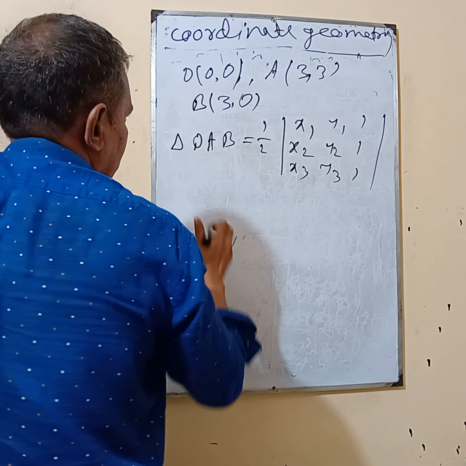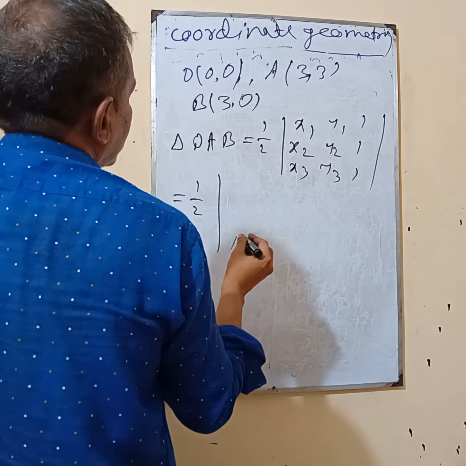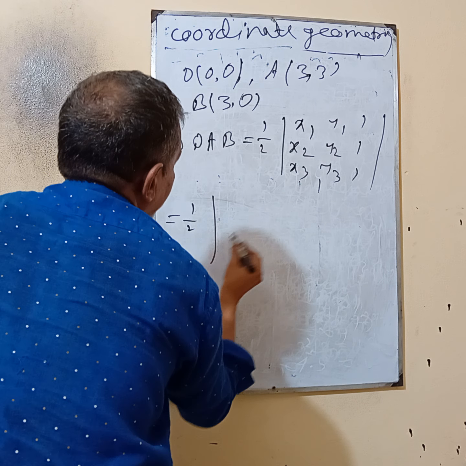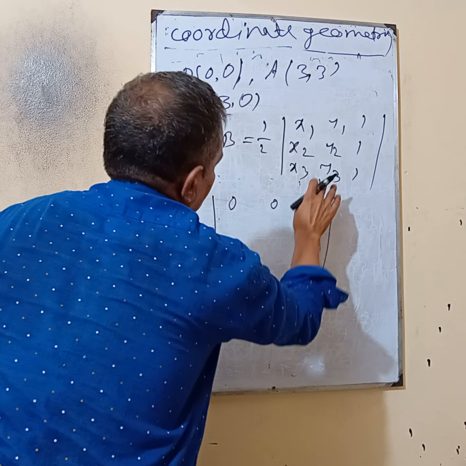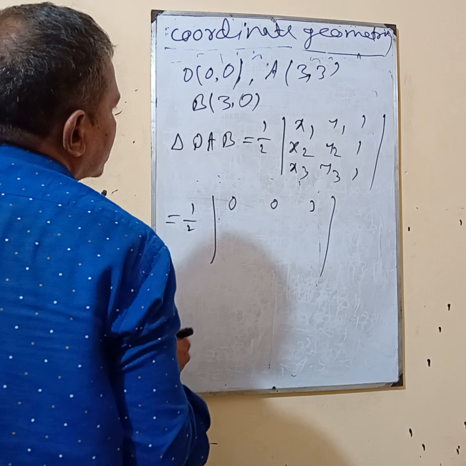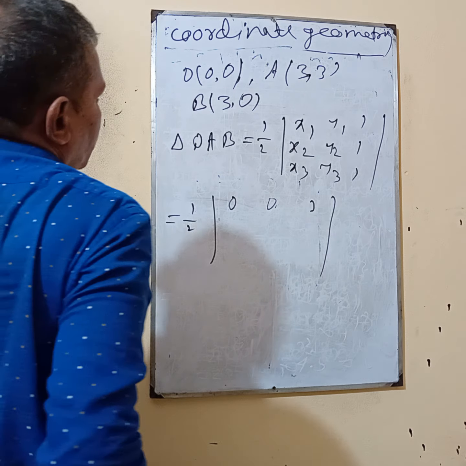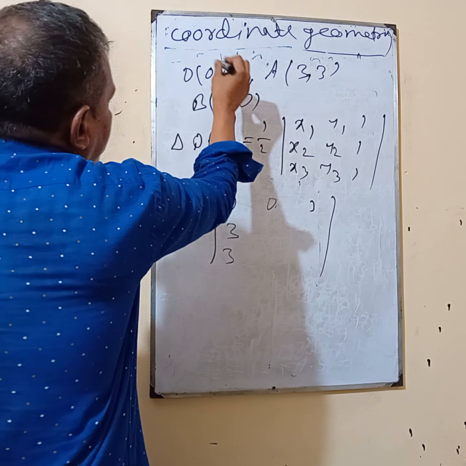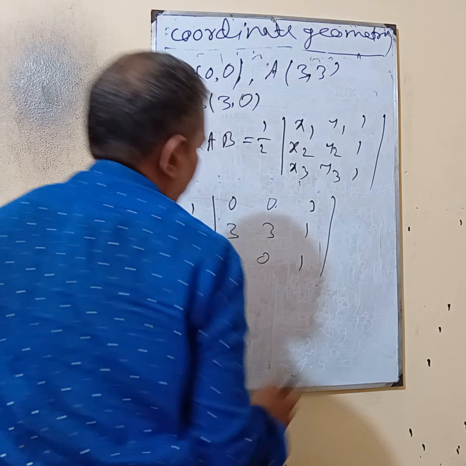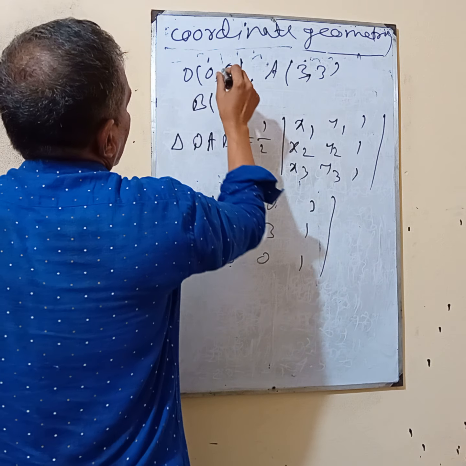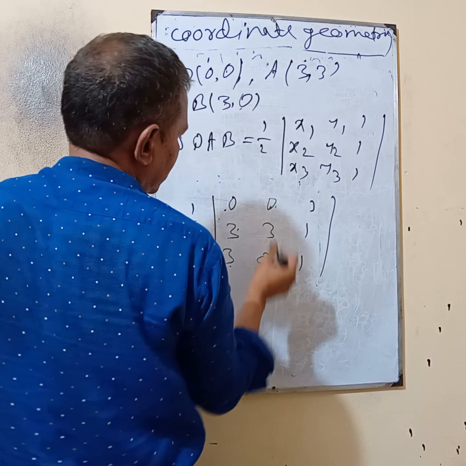I have to further draw this. Half of the determinant: x1 is equal to 0, y1 is equal to 0, 1; x2 is equal to 3, y2 is equal to 3, 1; x3 is equal to 3, y3 is equal to 0, 1.